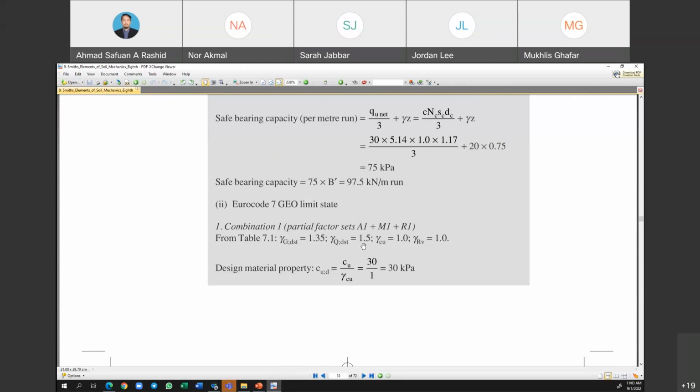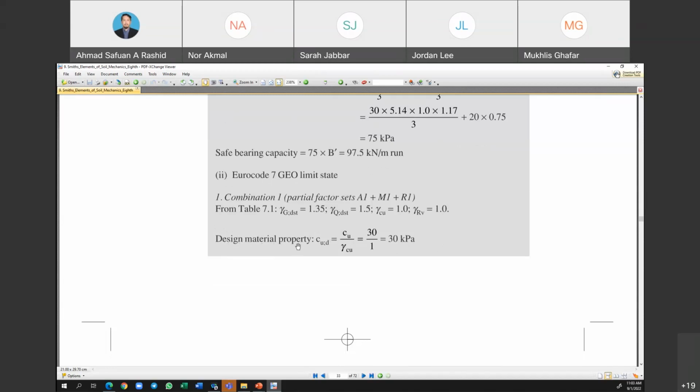Then for the soil, for M1, we choose the undrained strength, because this is CU, and the value for M1 is equal to 1.0. And for the strip footing, which is R1, we choose bearing, which is equal to 1.0.